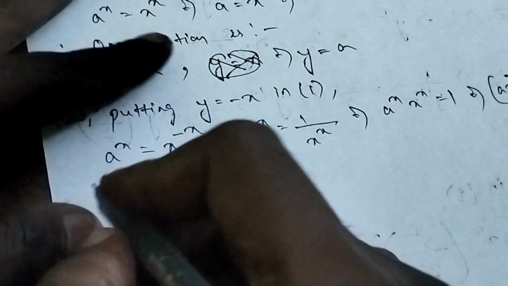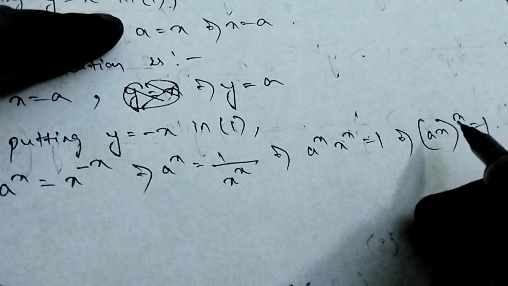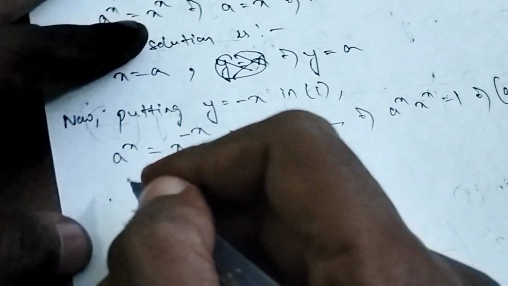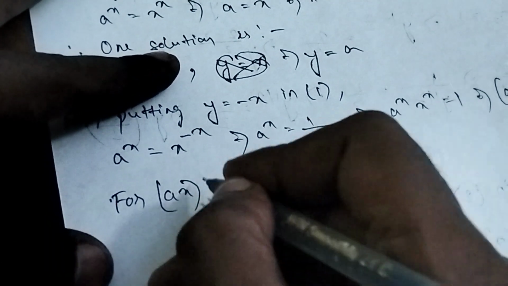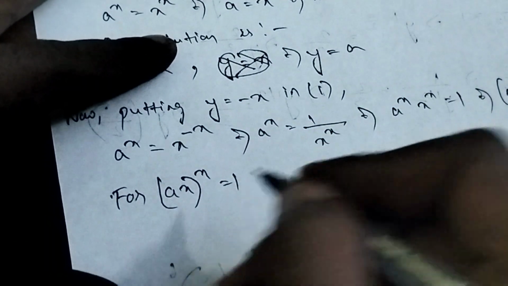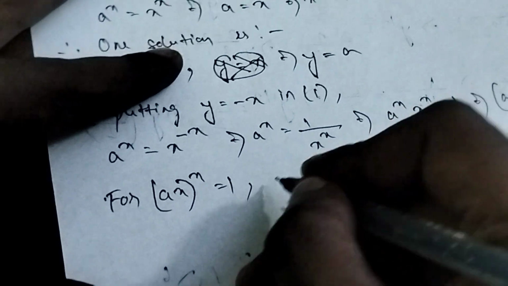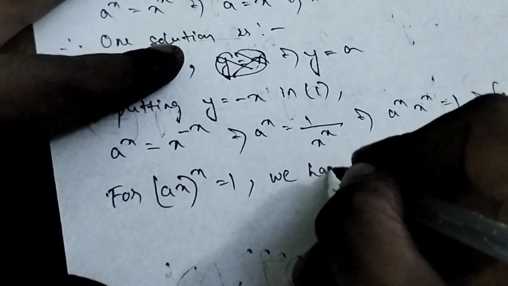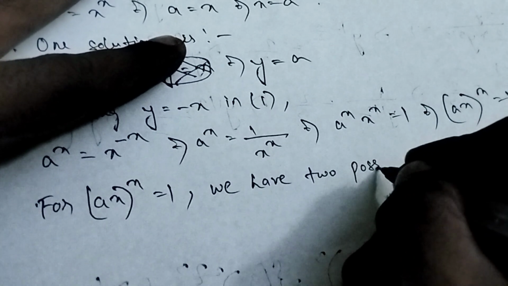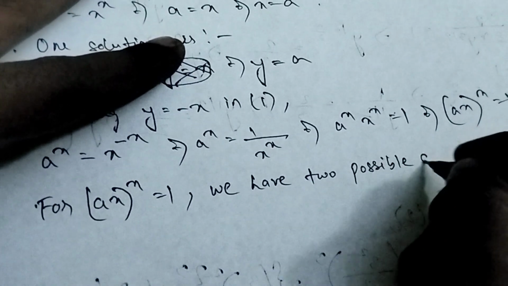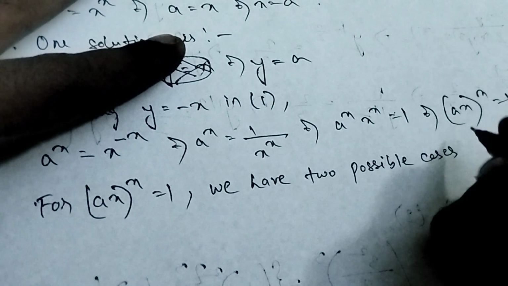Now you see, for (ax)^x is equal to 1, for this equation we have two possible cases, right?